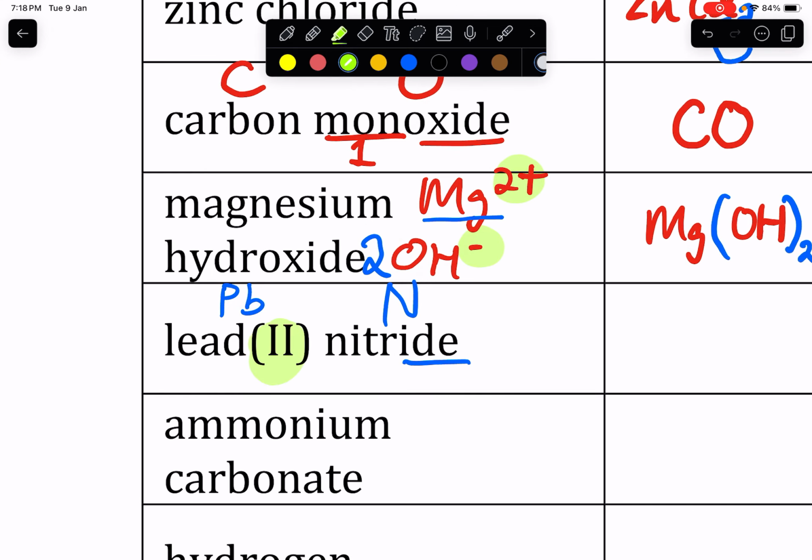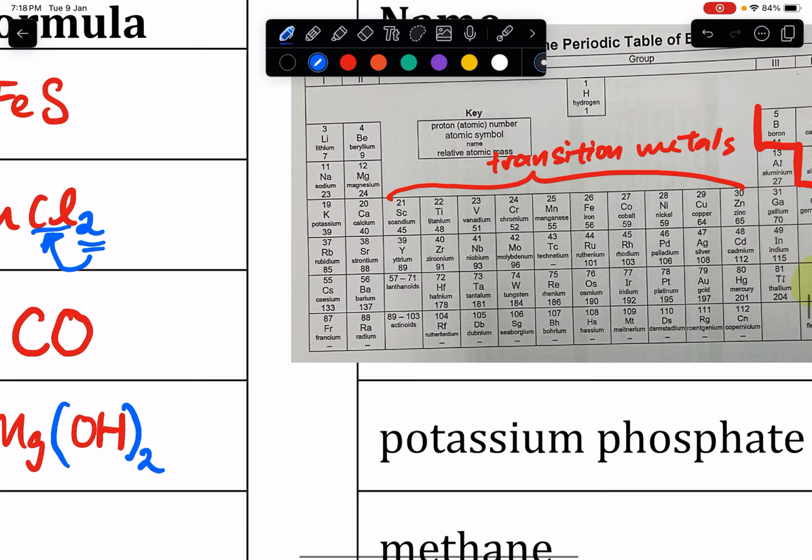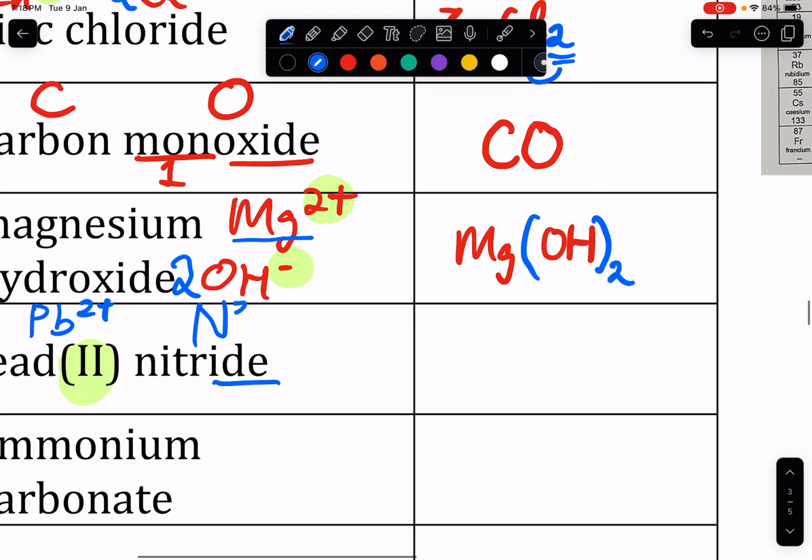Again, there's a bracket here, so you just follow the bracket, lead 2 plus. Nitrogen is in group 5, so 2.5. I must gain 3 electrons to have 8 outermost electrons, and hence it is N3 minus.